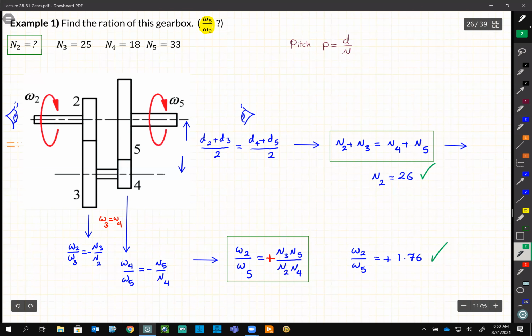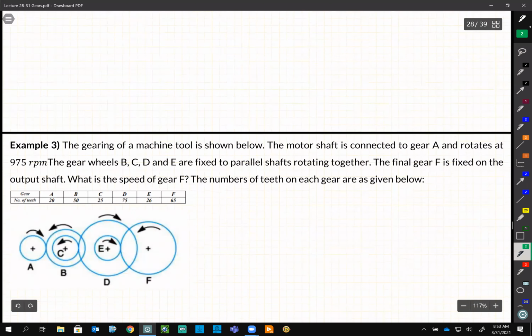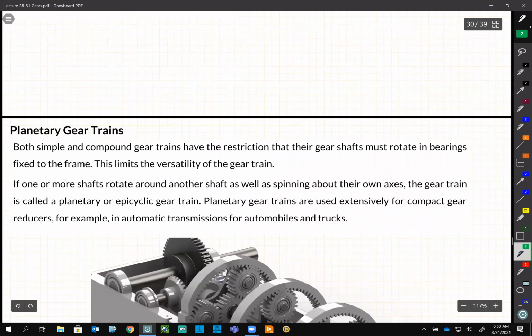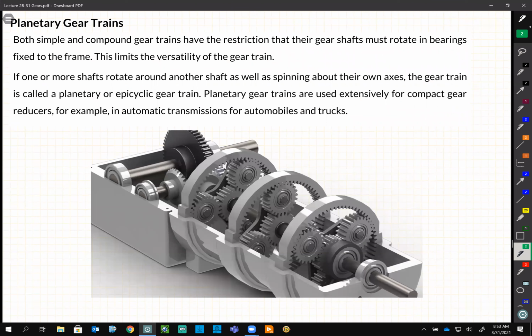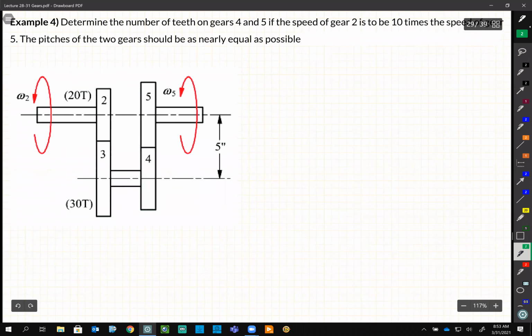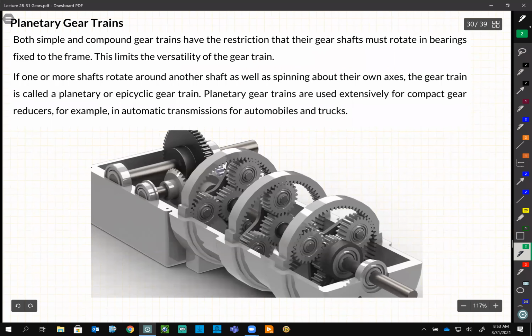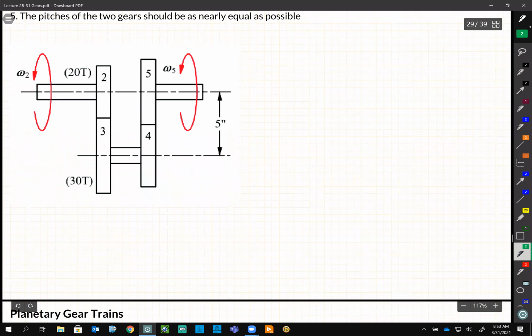All right, so here is the lecture for today. Please go through example 2, example 3, and example 4 before the next lecture. And your quiz this week is going to be on everything that we taught up to this point. So there is not going to be any question on planetary gear. Planetary gear is for the next lecture.